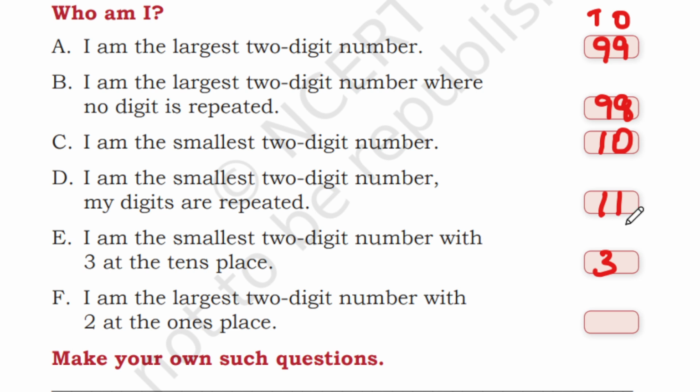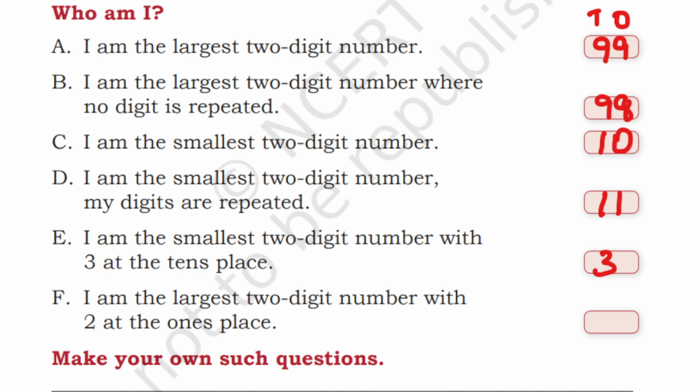So 3 is a one-digit number, right? After 3 we get 4, 5, 6, 7, 8, 9, 10, 11, 12, 13. So in 13, we have 3 in ones place. Correct? And after 13, 14, 15, 16, 17, 18, 19, 20, 21, 22, 23, 24, 25, 26, 27, 28, 29, 30.